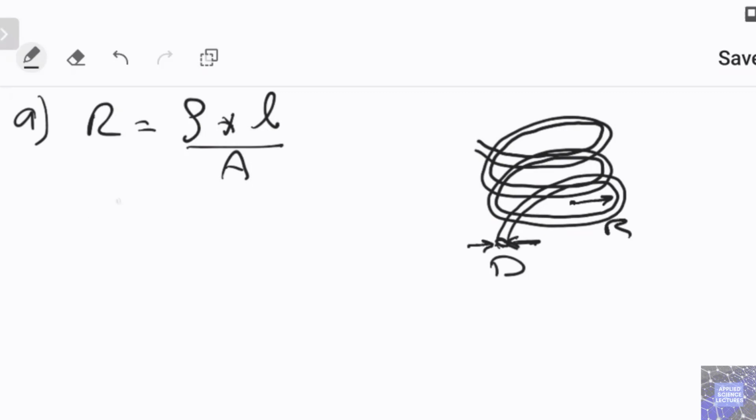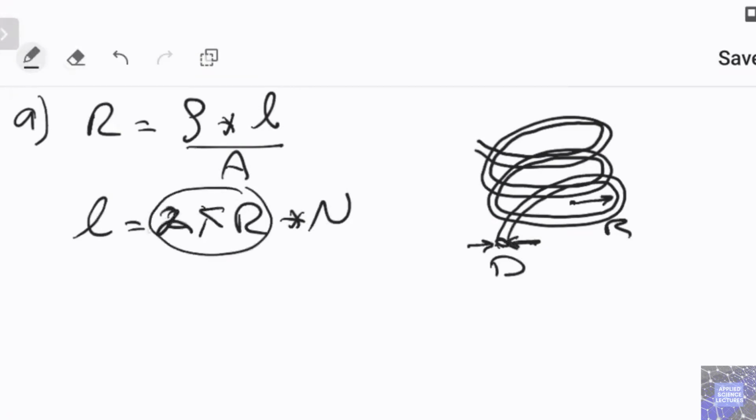We also know that this length is proportional to the number of turns. So in this case the length is 2 pi r times n. This is for one loop, however I have n loops, so the length would be this one loop multiplied by the number of loops.